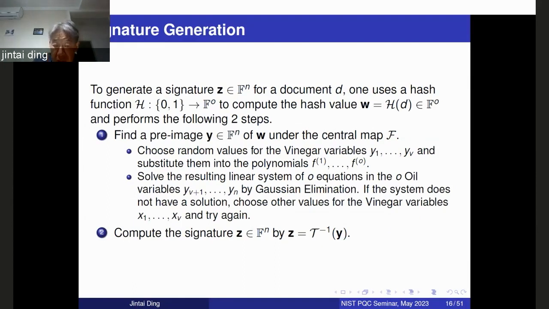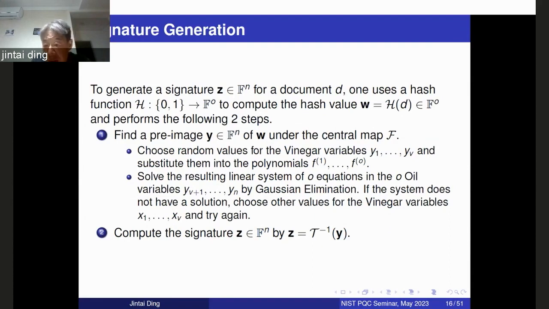Then we can solve for the rest of the variables, v plus 1 to n, by Gaussian elimination. Of course, for such a linear system, it's possible we don't have a solution because the system may not be consistent. Then we try again. We guess the values of the vinegar variables one more time, try to solve the system again, and we stop when we find a solution.